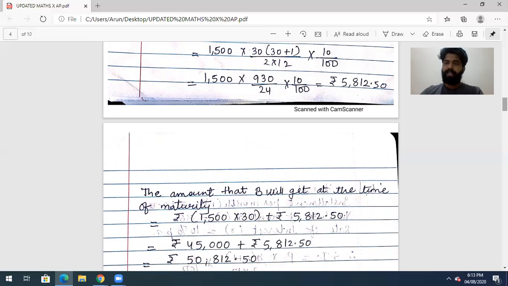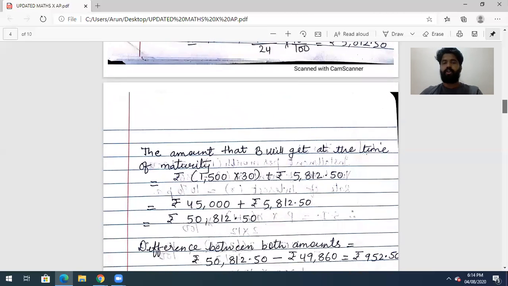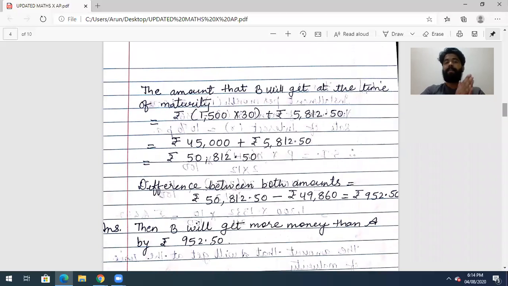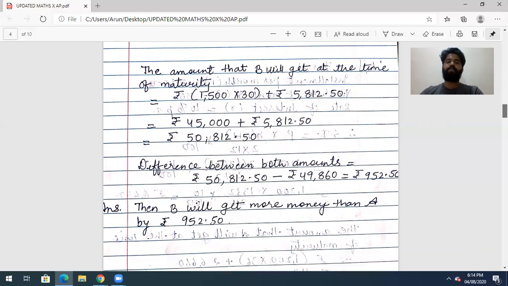So once we have the interest, we can then calculate the maturity value. So the amount that we will get at the time of maturity will be sum deposited, which is 1500 into 30 plus the interest. So we get 45,000 plus 5812 and 50 paise. So that is equal to rupees 50,812 and 50 paise. Now हमको सब में पूछा था that you need to calculate who will get more amount and by how much.